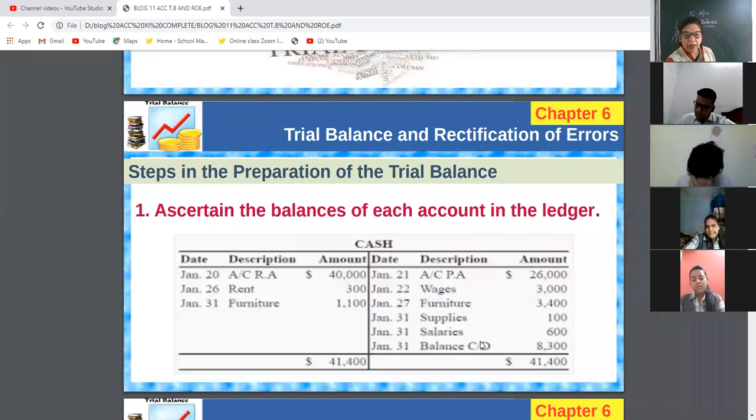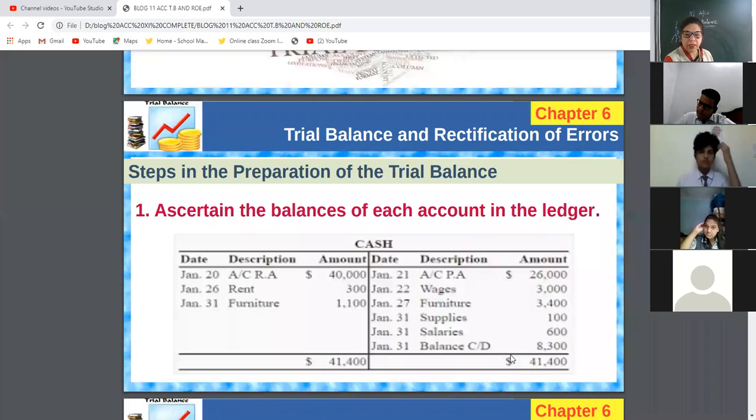See, the balance may be on the debit side or may be on the credit side. It depends on the total. If the total of debit side is more than total of credit side, the balance will be on the credit side.